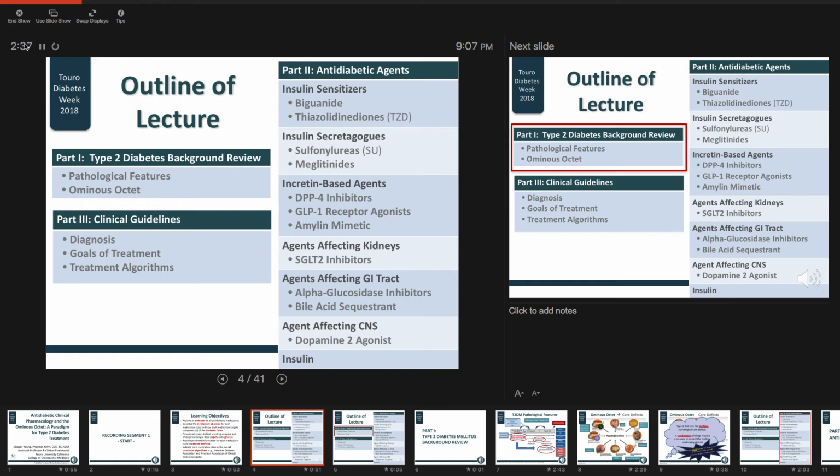How do we diagnose type 2 diabetes, what is the goal of treatment, and also the algorithms. And I'm sure Dr. Schubroth has talked about this, so I won't spend a lot of time, but I just want you to get a sense of how all these drugs fit into the treatment guidelines.